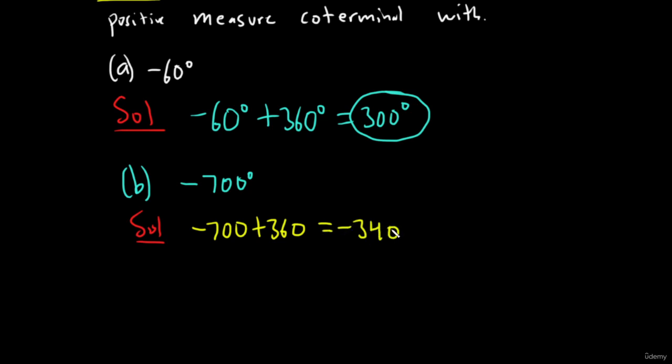That's no good because it's still negative, right? So now we have to add 360 again. Plus 360 gives you 20. And now it's positive and it's as small as possible. So you're good to go. You have found the angle of least possible positive measure that is coterminal with negative 700.